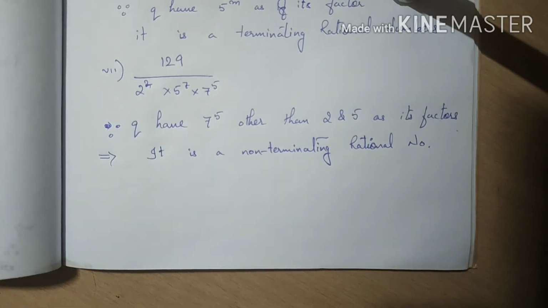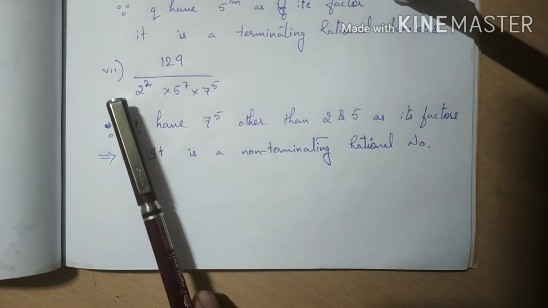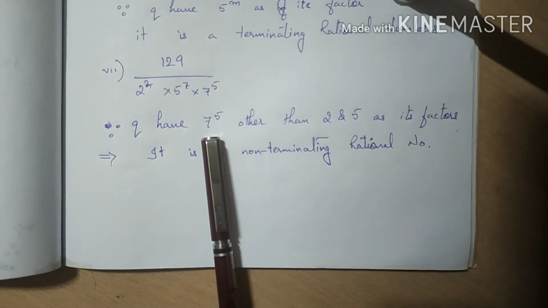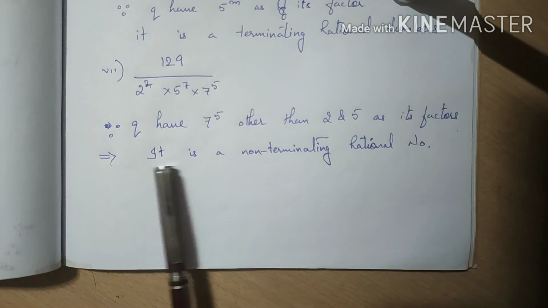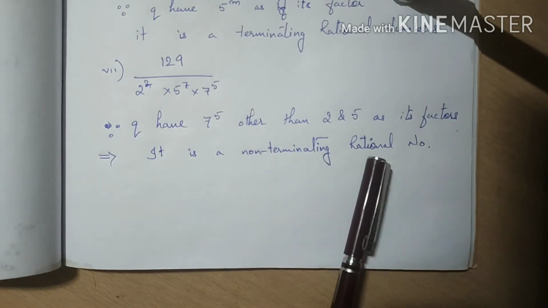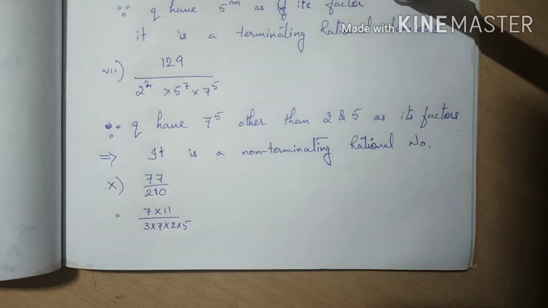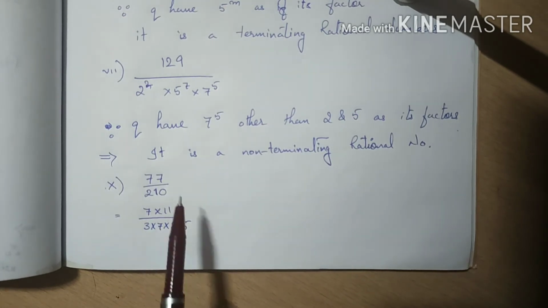The theorem says that it should only have 2 or 5 or both, nothing else, okay? So since it has 7 as its factor, it will be a non-terminating rational number, and a non-terminating rational number means non-terminating repeating, okay?